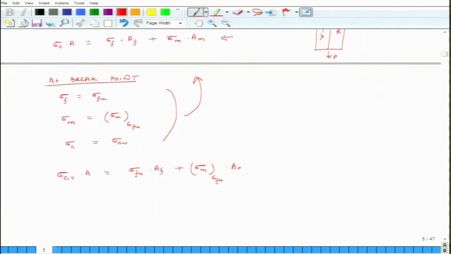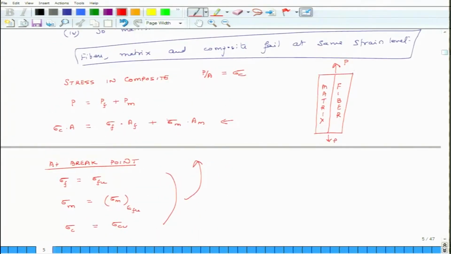times AM. And if I divide this entire thing, so what is A? A is the cross sectional area of the composite. AM is the cross sectional area of the matrix alone, and AF is the cross sectional area of fiber.